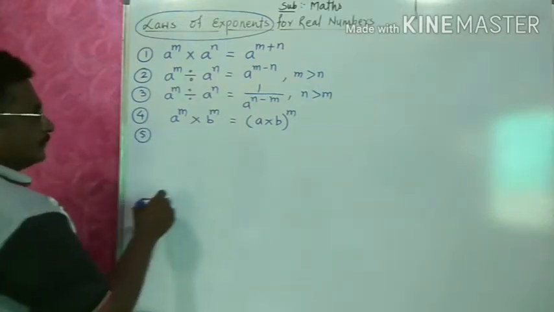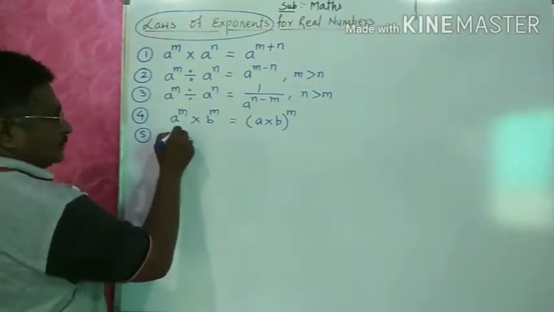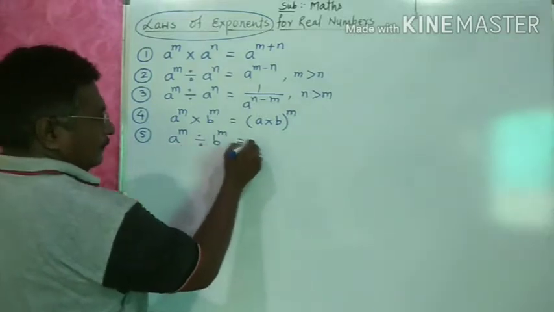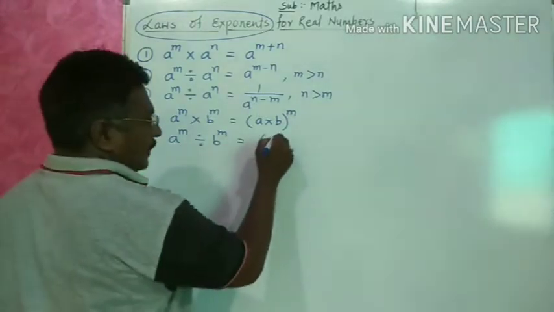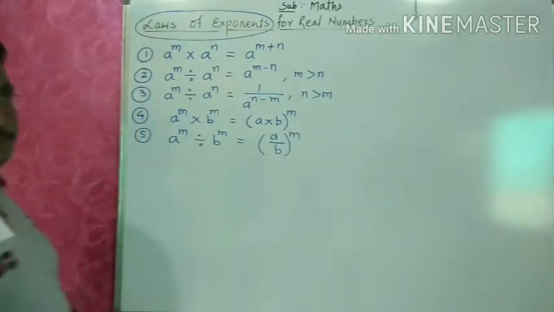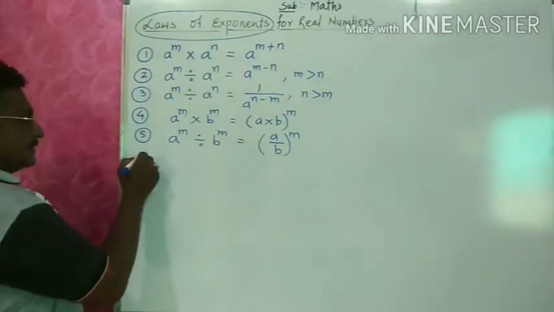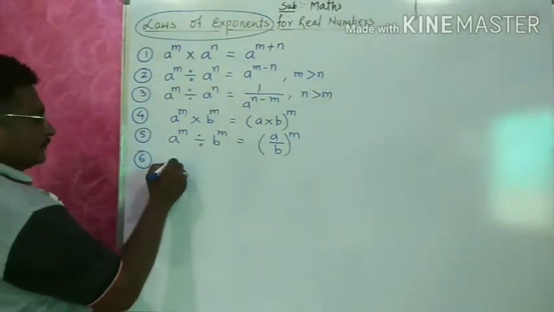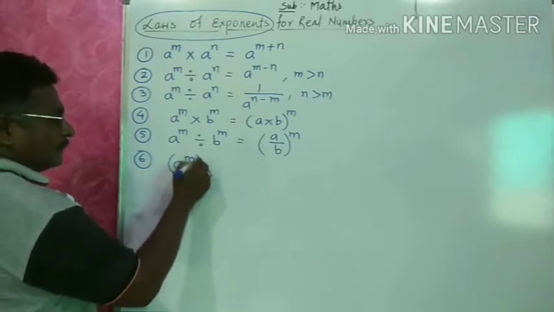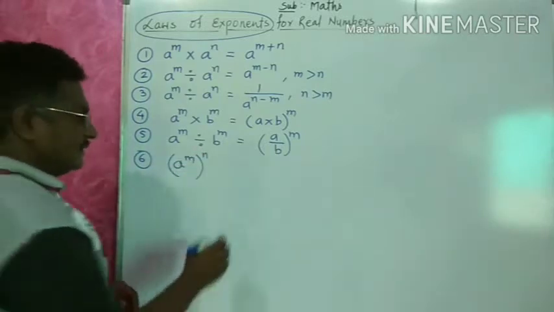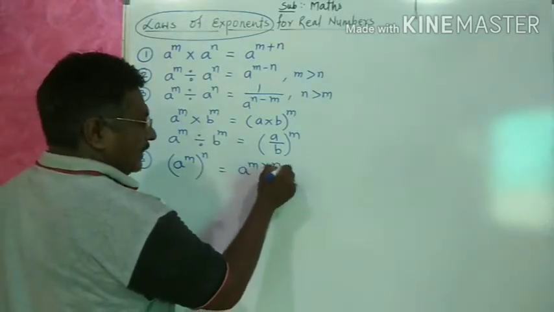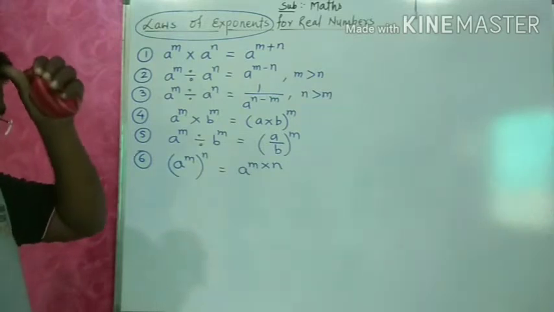Fifth, a raised to the power m divided by b raised to the power m equals a by b raised to the power m. Sixth, a raised to the power m raised to the power n equals a raised to the power m into n.